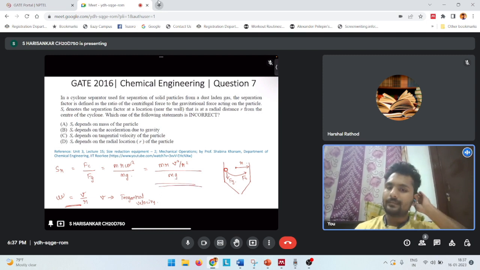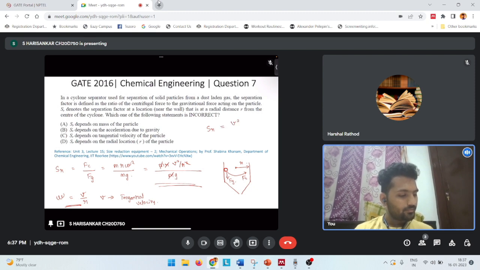Now in this equation, we can cancel out a lot of terms. So the m will get cancelled in the numerator and the denominator, and this r will also get cancelled once here. So the final equation for the separation factor SR will be equal to V square by R g.